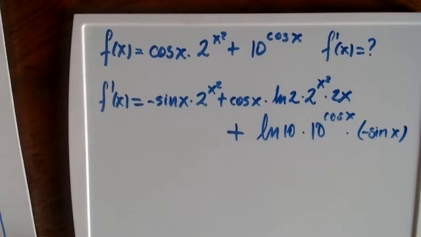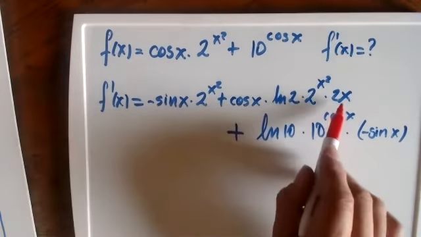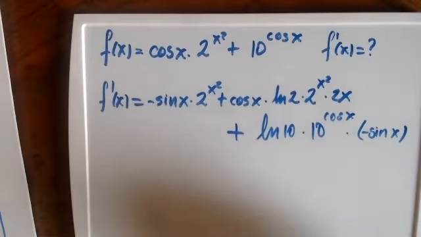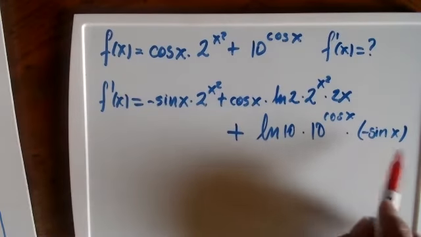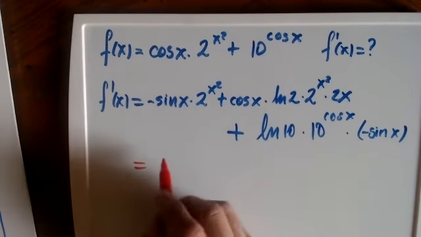Okay? So, we can simplify this a little bit. Let's see what we can group. Sine x here, 2 to the x squared. Well, we can group this together. The algebra is up to you. Let me not do too much.